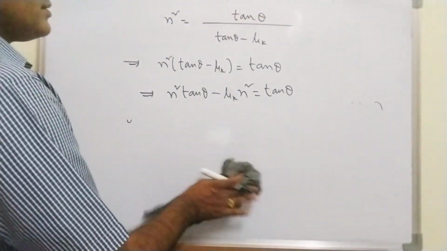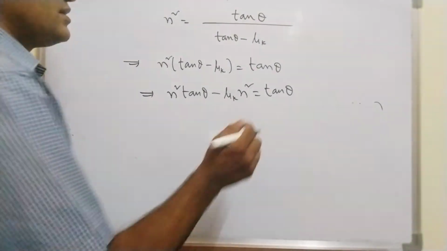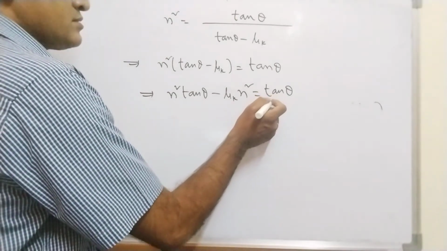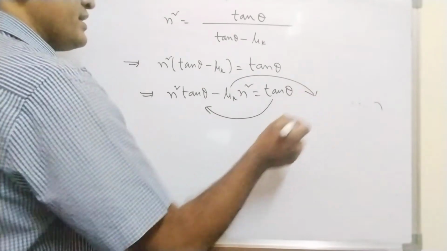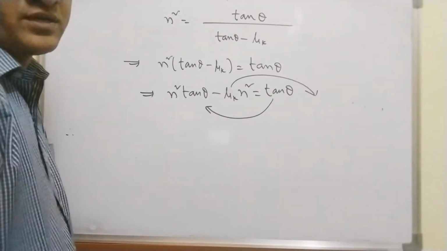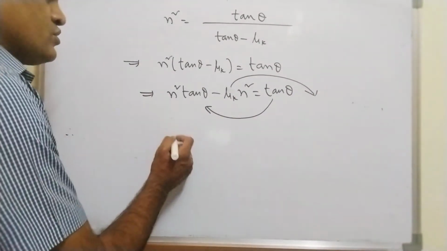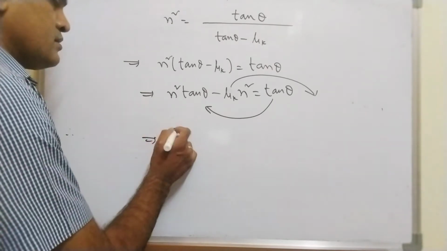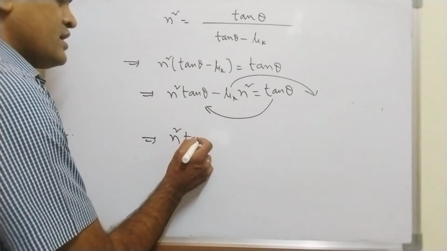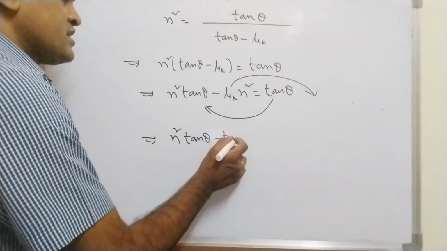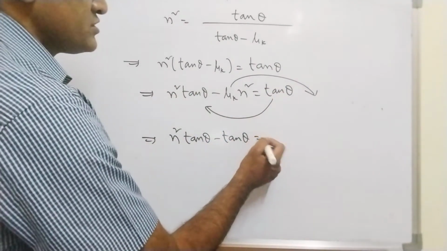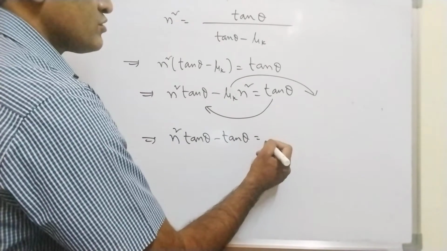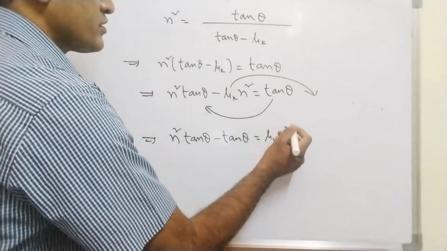Now rearrange again such that tan terms will come to one side and take the other terms towards the other side. So n square into tan theta minus tan theta, if you bring this tan theta towards the left side, it becomes minus tan theta, is equal to, minus becomes plus, mu k into n square.